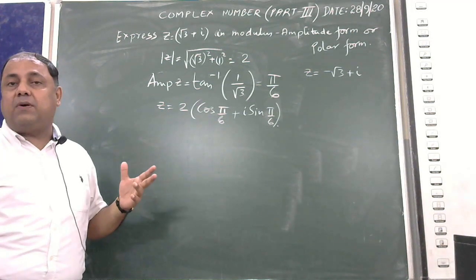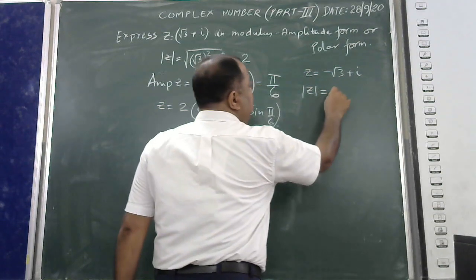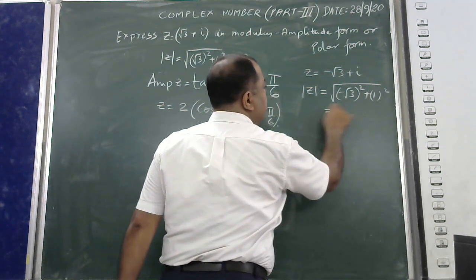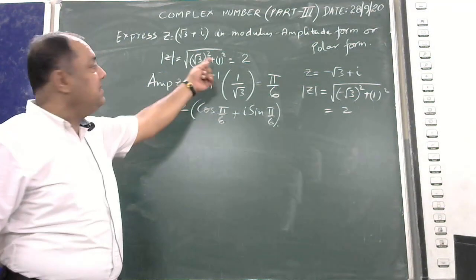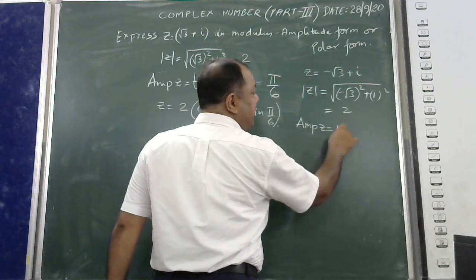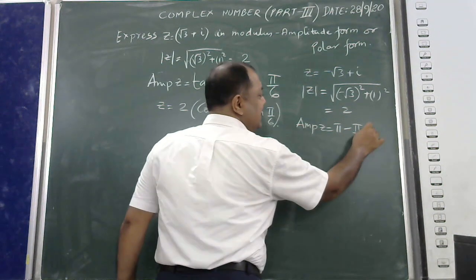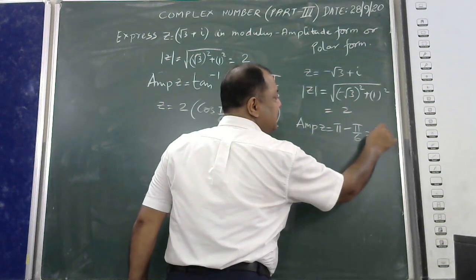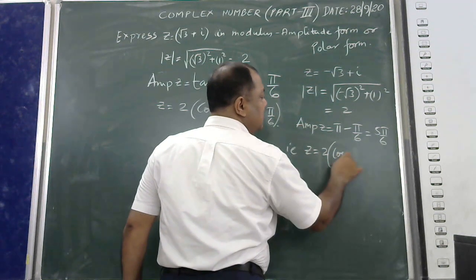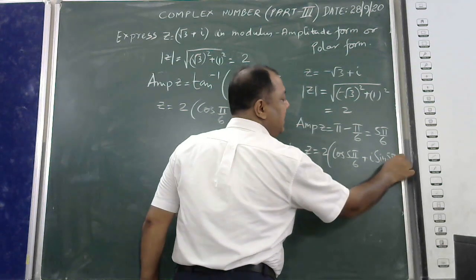When it is in the second quadrant, mod of z is 2, same as this, but amplitude of z would be pi minus tan inverse of 1 by root 3, that is pi by 6.